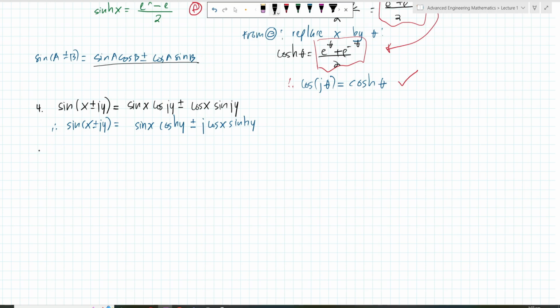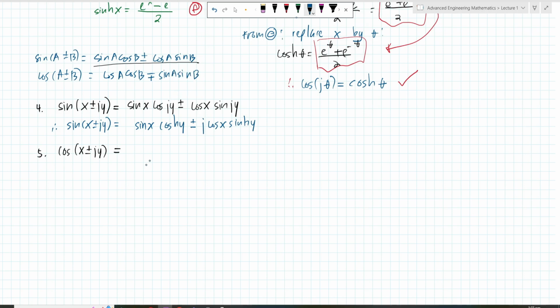Then the last formula, number 5, is the cosine of x plus or minus jy. Again, you need to know the equivalent of cosine of a plus or minus b. That is cos a cos b, minus if plus, plus if minus, then sine of a sine of b.